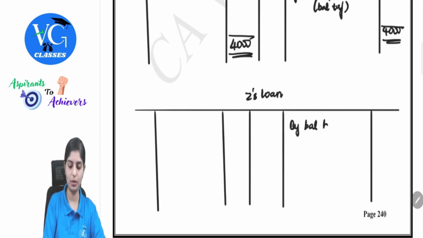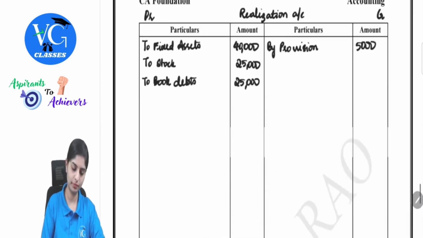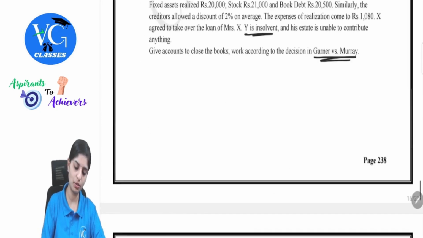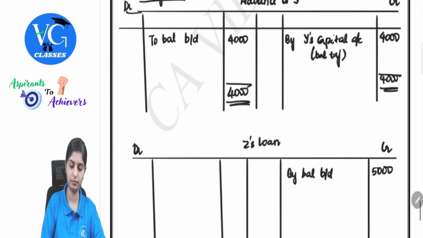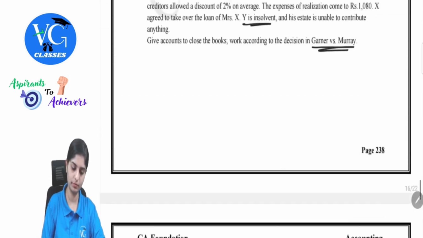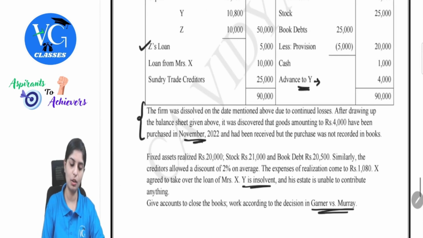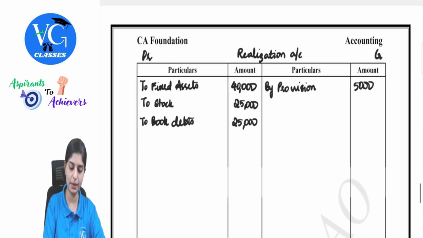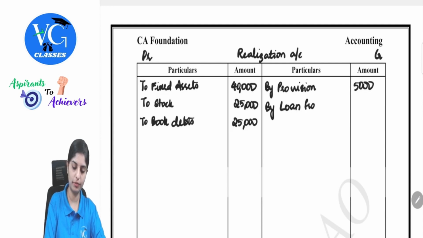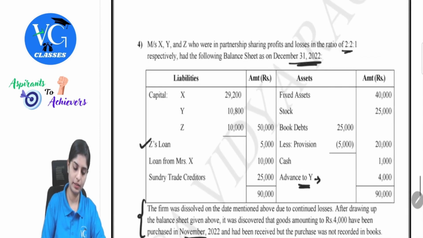By balance brought down 5,000. Then loan from Mrs. X 10,000. This is a normal outside liability. Loan from Mrs. X 10,000.